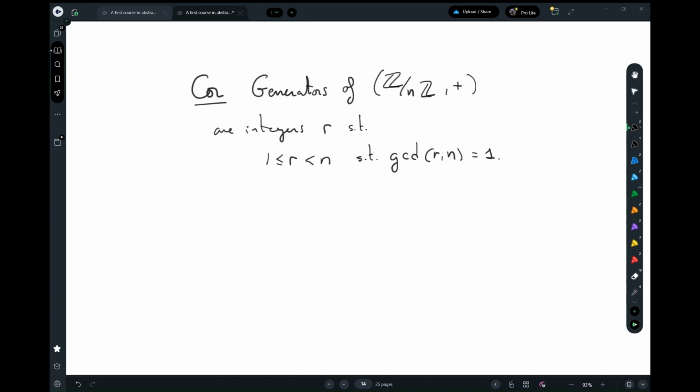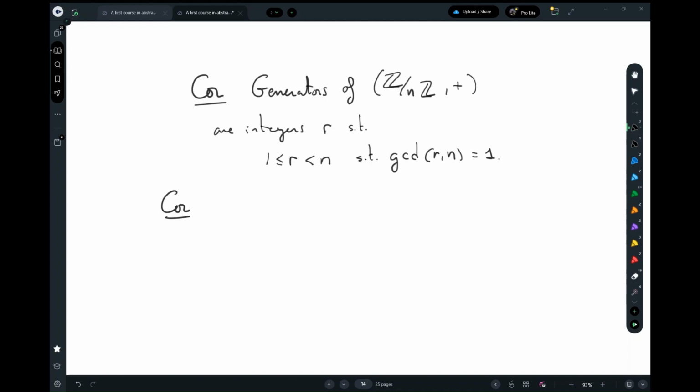So you can check what are the possible generators. Under addition of Z modulo nZ, they have to be numbers that are relatively prime to n. Otherwise, they will not generate all of Z modulo nZ under the repeated addition.